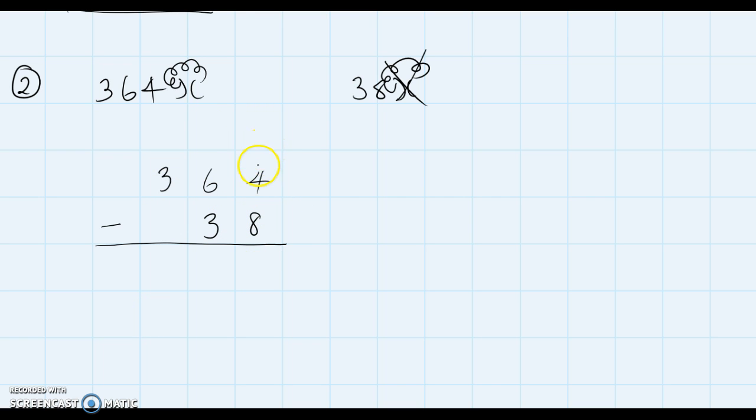These are the ones, these are the tens, these are the hundreds. 38 is 3 tens, 8 ones. That's why it's written that way. Okay, first step. Look at the ones column. So 4 take away 8.